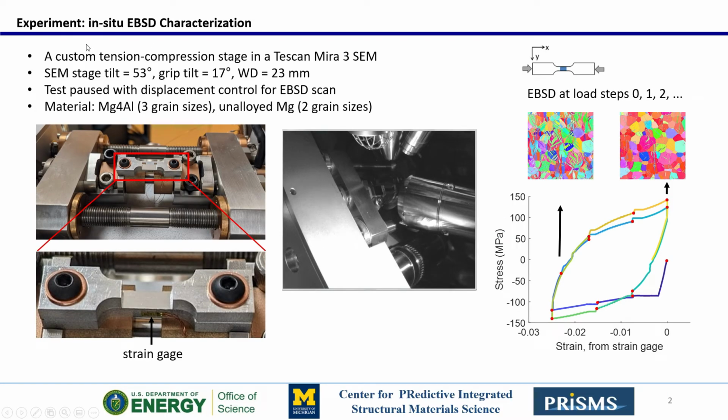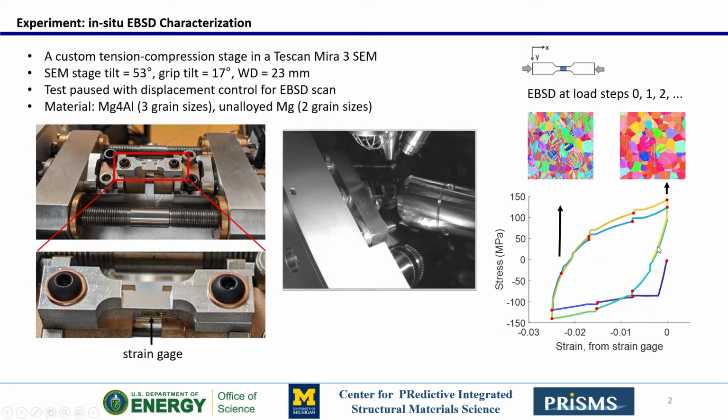First, for the background, experimentally, we perform in-situ mechanical testing inside a scanning electron microscope using a miniature loading stage, and we use a strain gauge attached to the side of the sample surface for real-time monitoring of the approximate global strain values. So this plot shows the relationship between stress and strain.